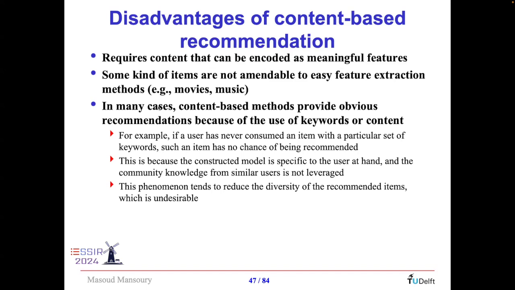It doesn't recommend diversified items to do the exploration in the space of the items for the users. So this was about the content-based recommender. Any other questions about this approach?